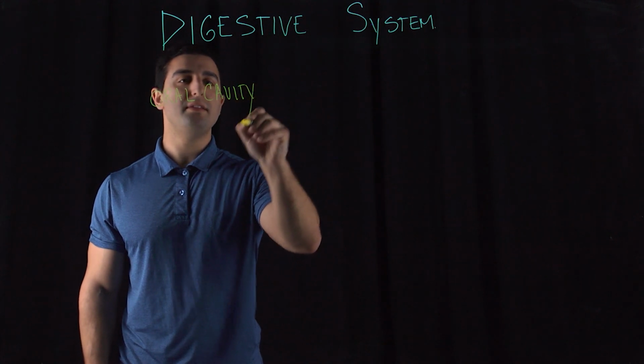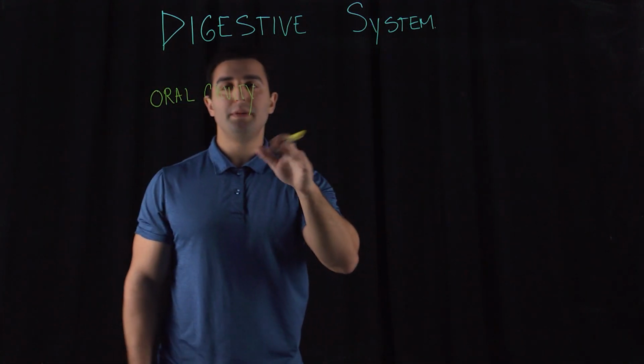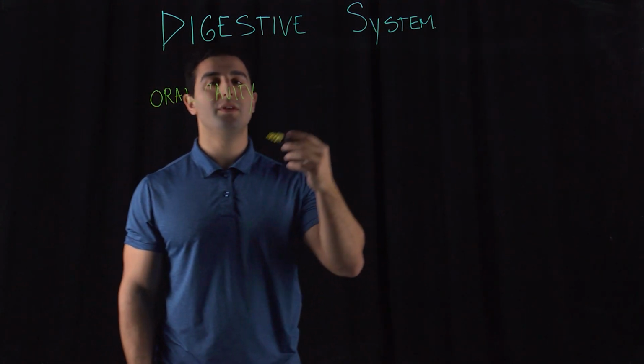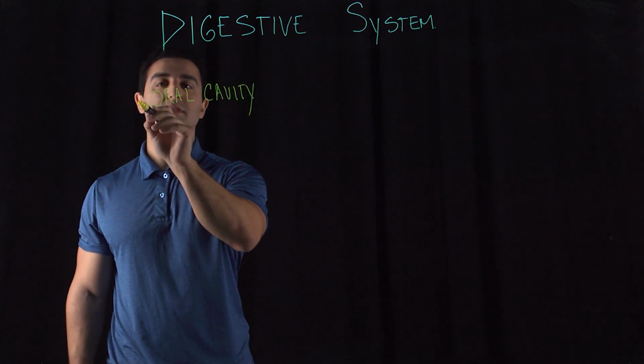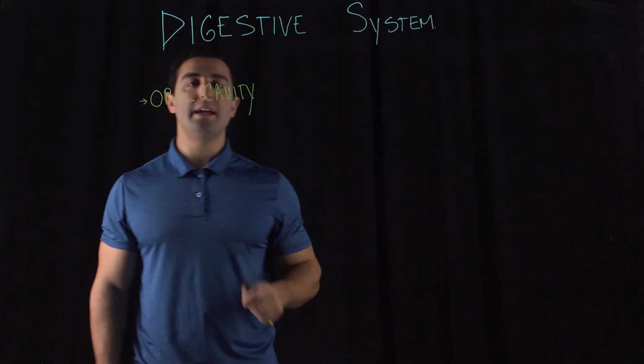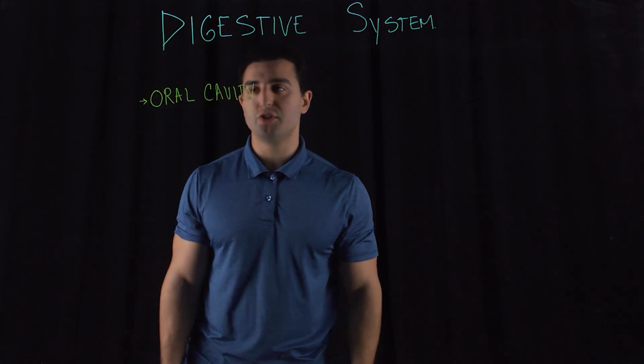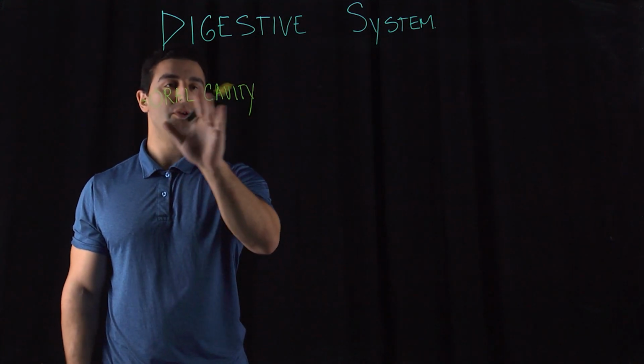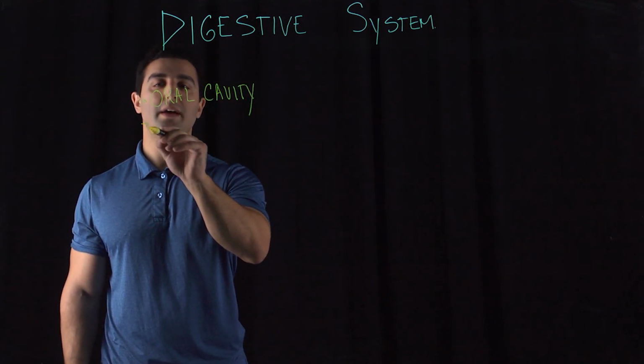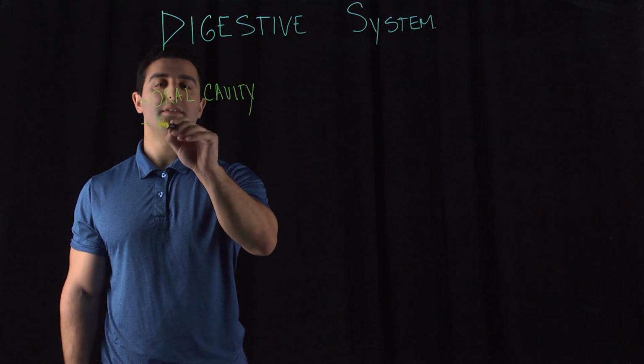Okay, in the oral cavity, the majority of digestion begins, whether it's mastication or secretion of salivary fluids that aid in the process of digestion. Next, after the oral cavity, the next structure we have is the pharynx.